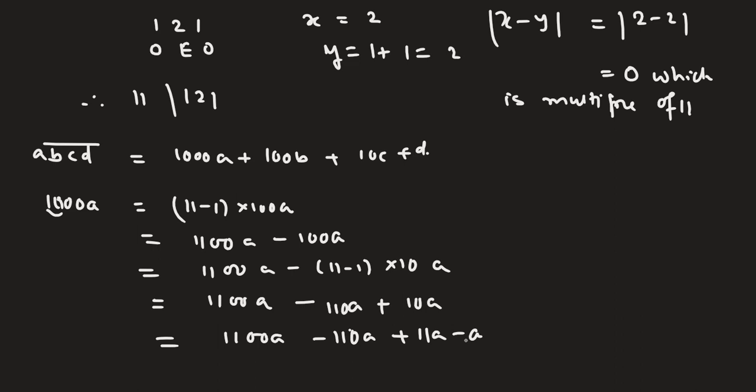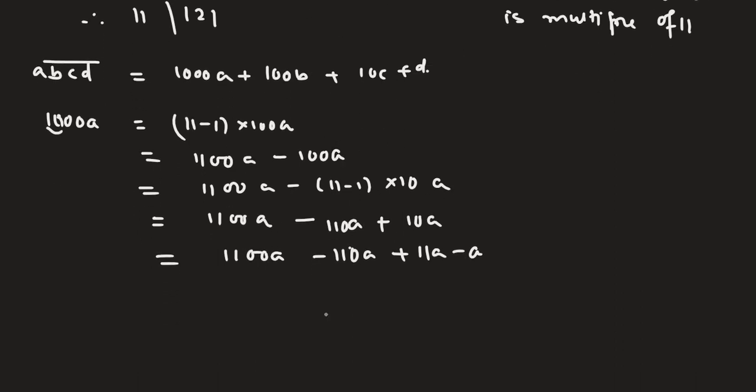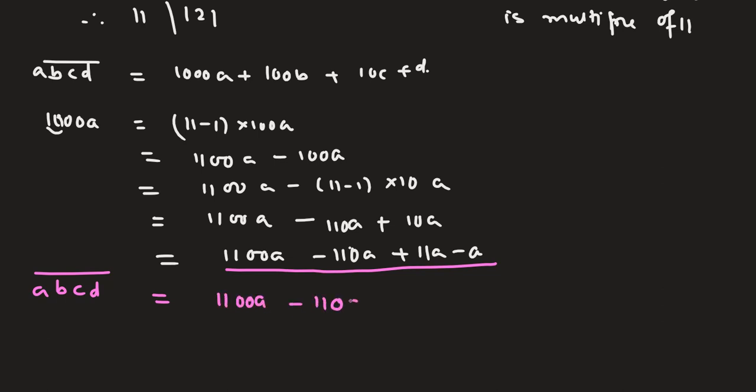Okay, now we write again all the numbers, this A B C D whole number, we can write as this one for 1000A.